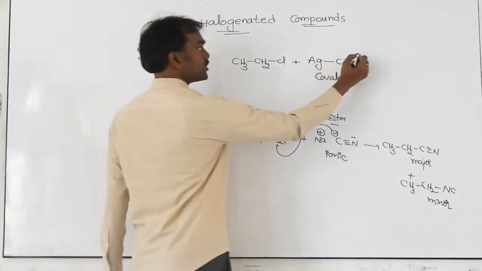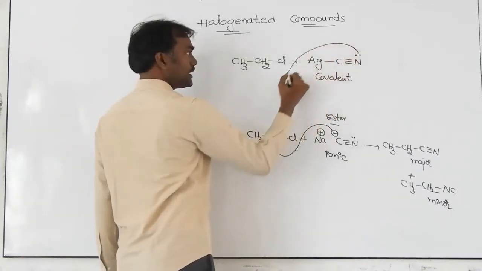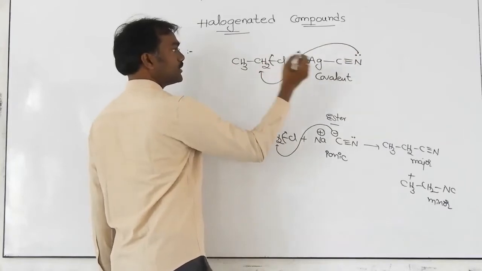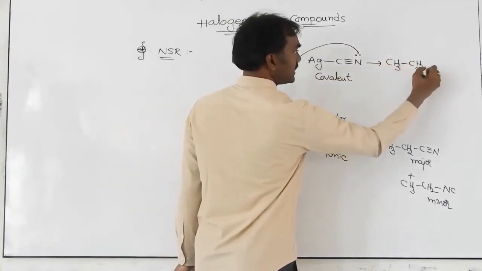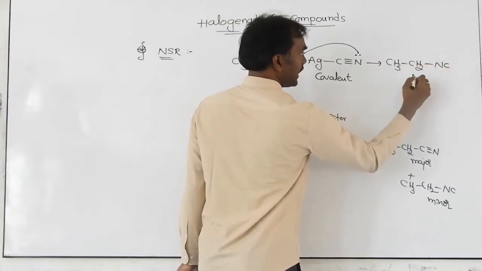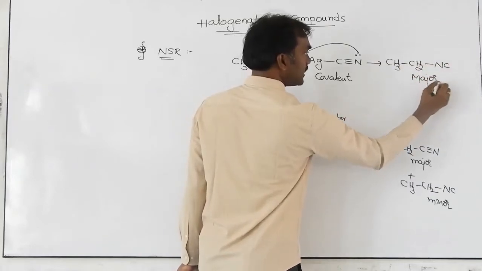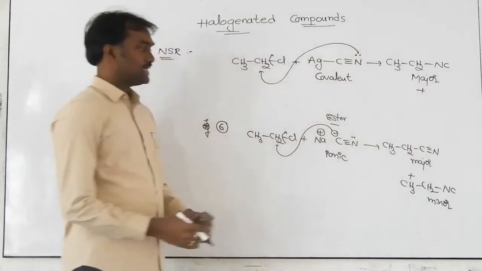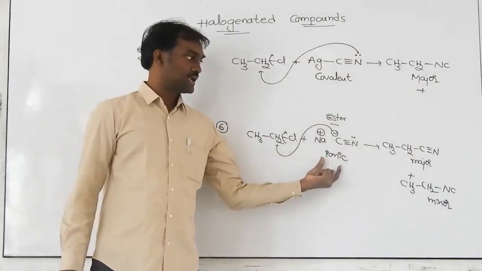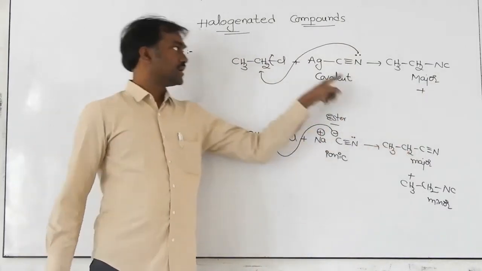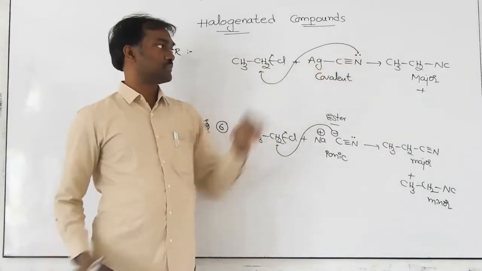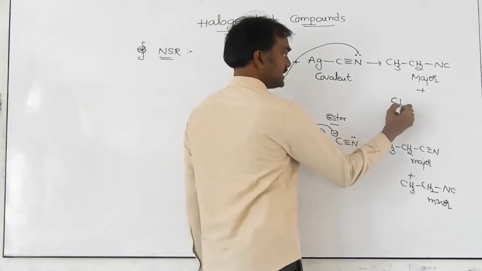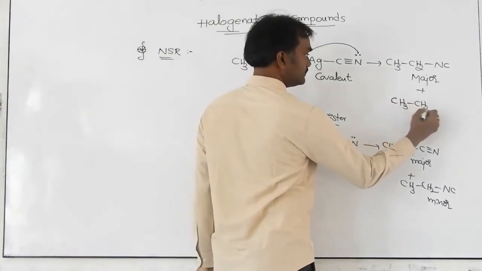Now the lone pair on nitrogen goes outside, so you are getting CH3CH2NC, the isocyanide, as the major product. See the difference: NaCN, ionic nature, cyanide is major. AgCN, covalent character, the lone pair participates, so cyanide is a minor product.